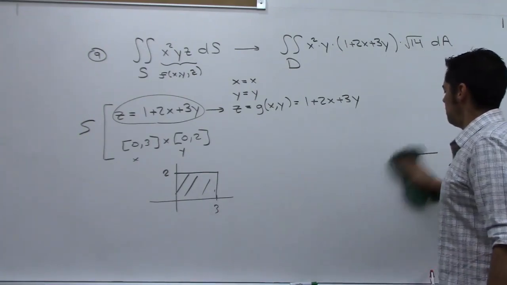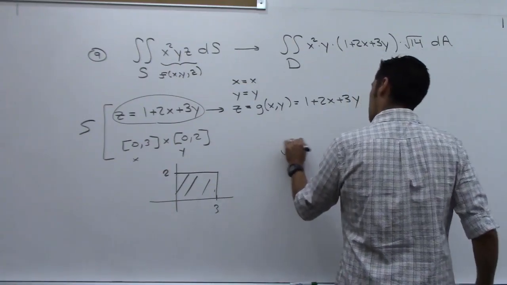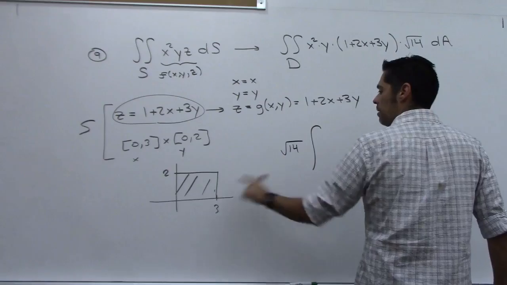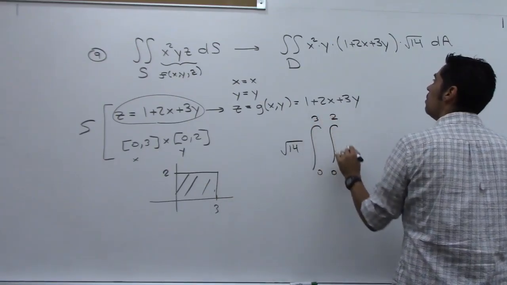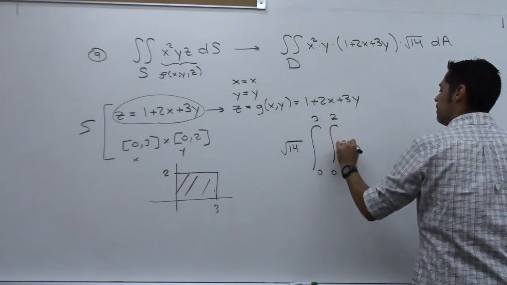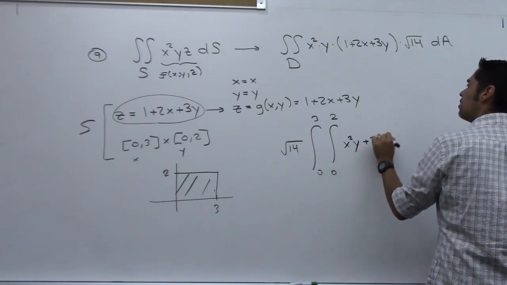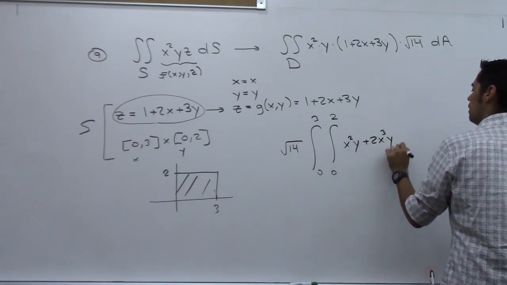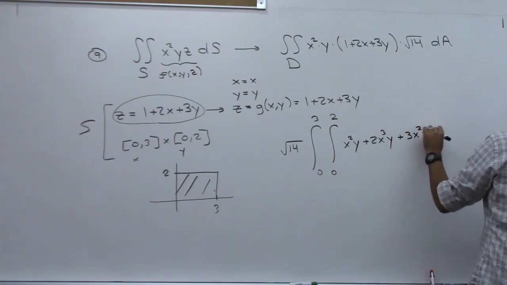All right, so now this becomes root 14, and then I can use my limits here, 0 to 3, 0 to 2. You could distribute this through if you want: x squared y plus 2x cubed y plus 3x squared y squared.